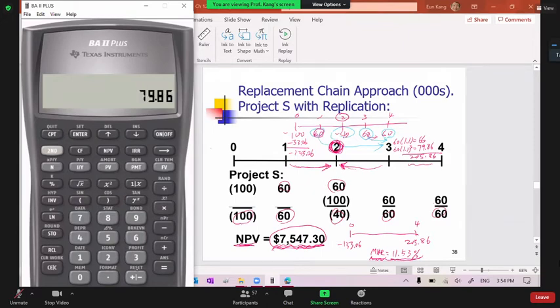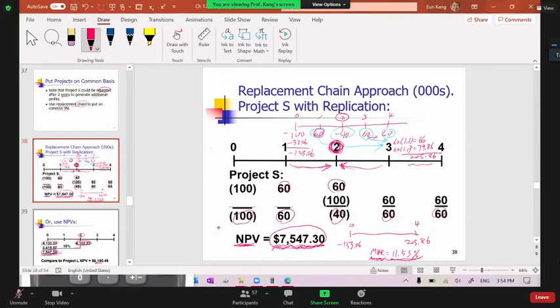Yeah, 79.86. So I did everything correctly, but MIRR is only 11.53%. So sometimes using MIRR, they give you a wrong answer, right? So that's the problem. So NPV rule is the best.